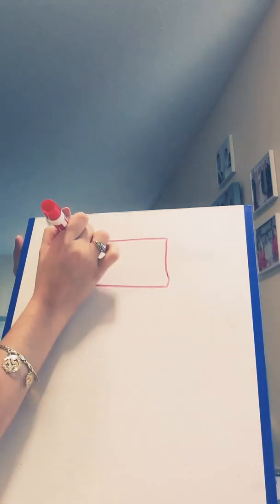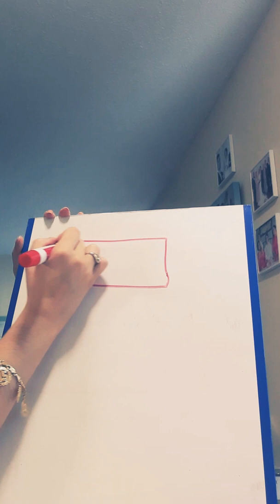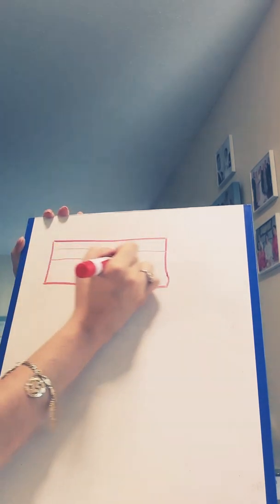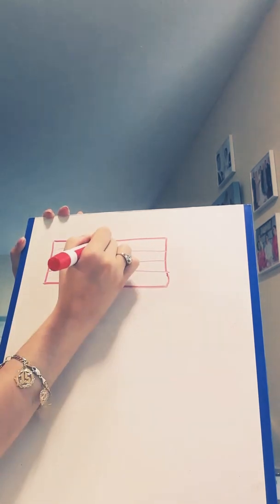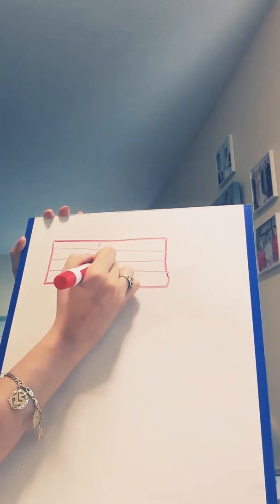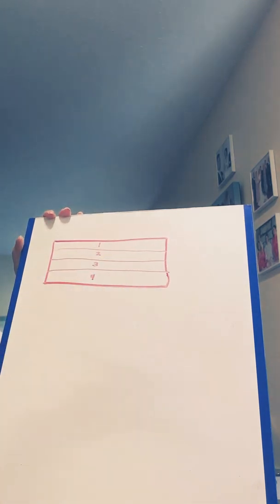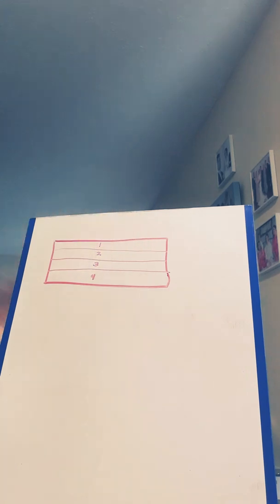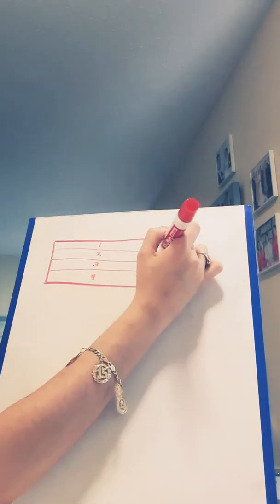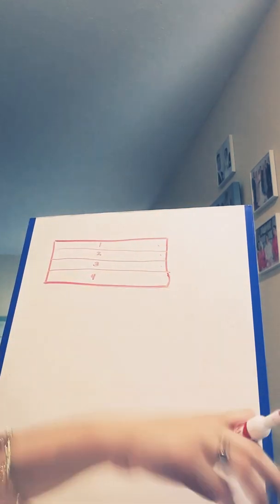So if I want to divide it into 4 parts, I'm going to go this way: 1, 2, 3, and then 4. So I have my 1, 2, 3, 4 equal parts. Why is it equal? Because each of these parts are the same size. So when you are doing your drawings, please, I saw some of you do this.